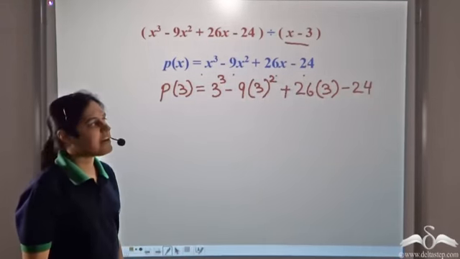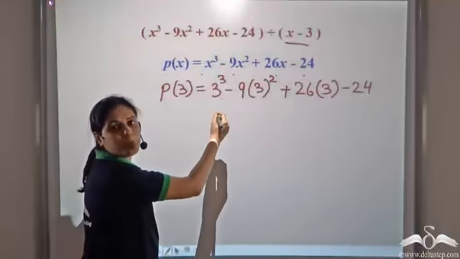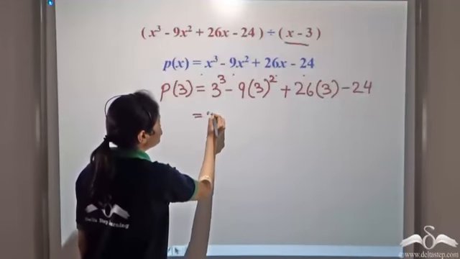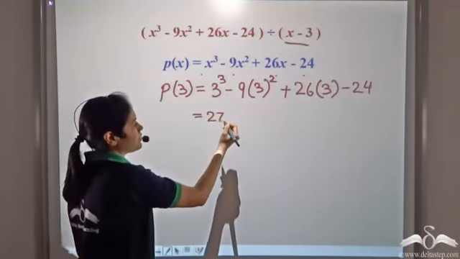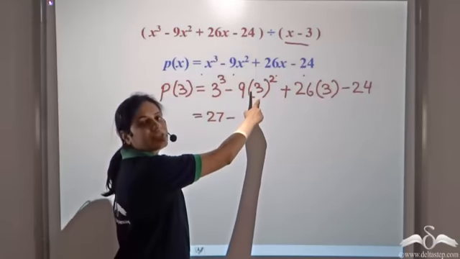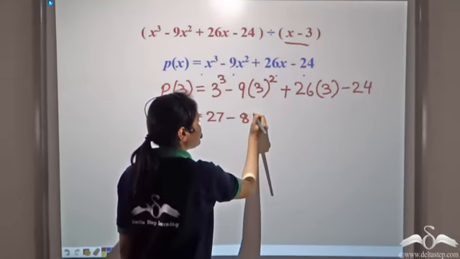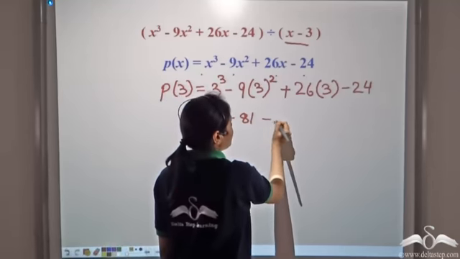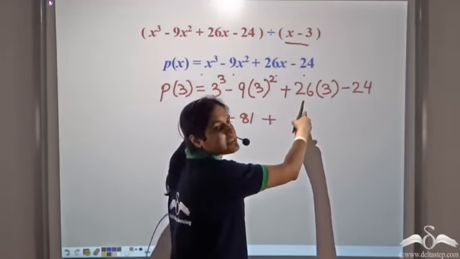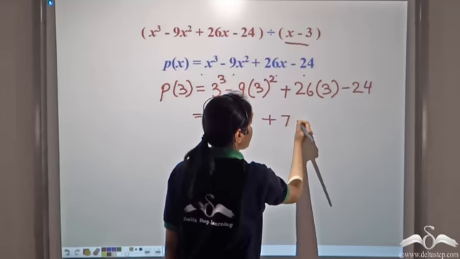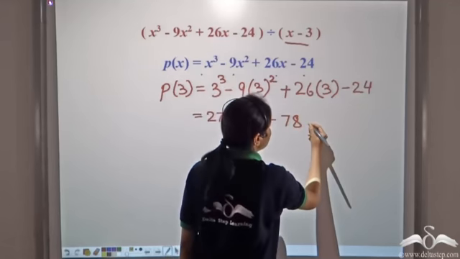So this is what we have. 3 cubed is 27, minus 3 into 3 is 9, 9 into 9 is 81, plus 26 into 3 is 78, minus 24.